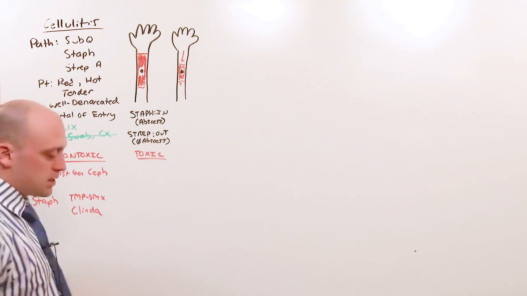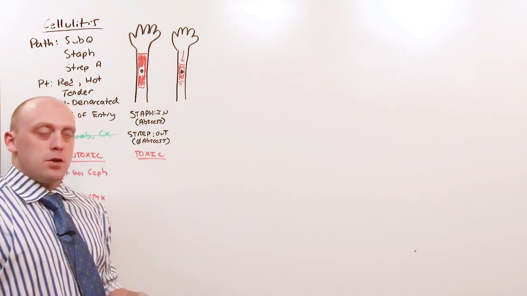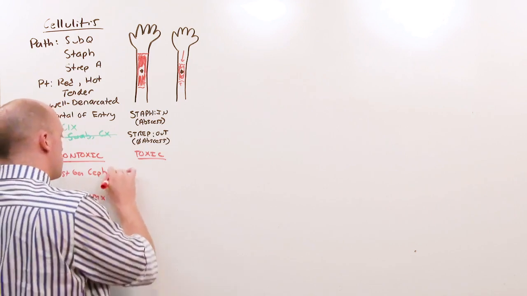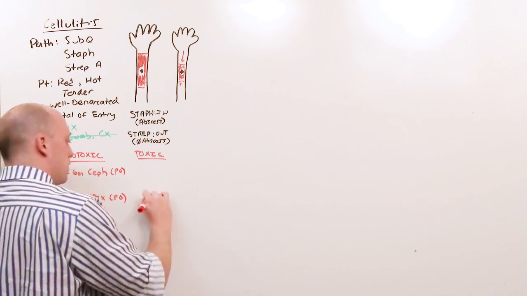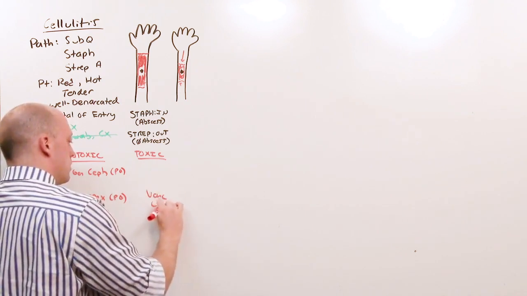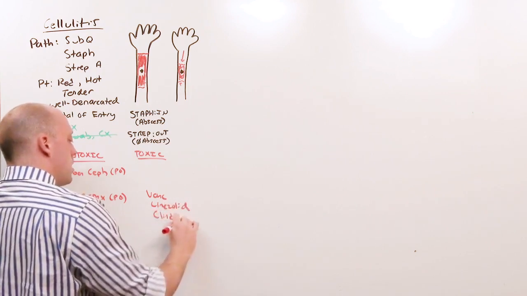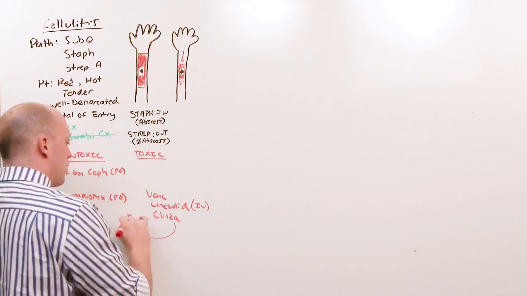If somebody is toxic, though, that they have cellulitis and are actively septic, you're going to pull out a bigger gun. You're going to use IV medications where non-toxic patients got oral. And for staph, you're going to pick Vanc, linezolid, or Clinda. If they improve after IV medication, you can transition them to oral.